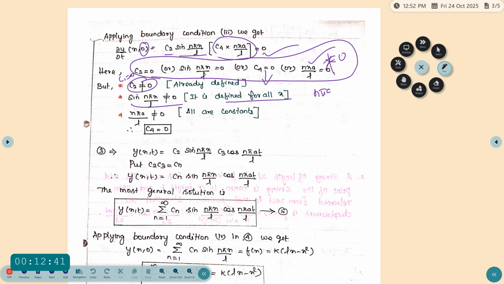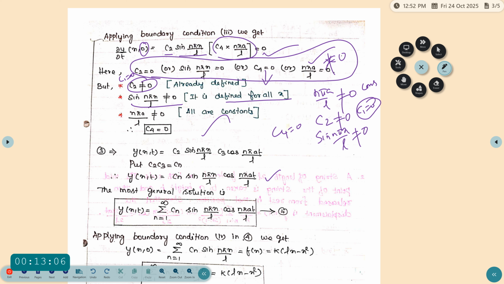Here n pi a by L is not equal to 0 because all are constants. Therefore, the only possibility is C4 equal to 0. Now put C4 equal to 0 in our current solution, and we get this solution.